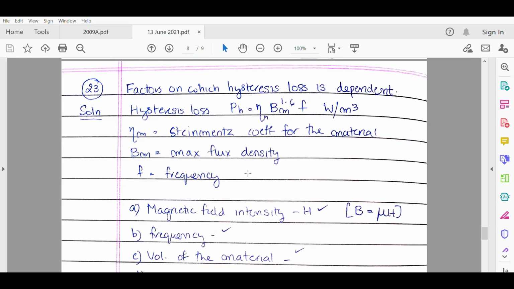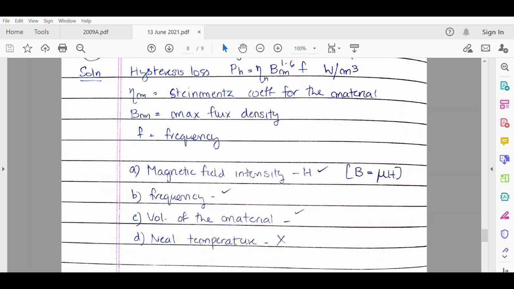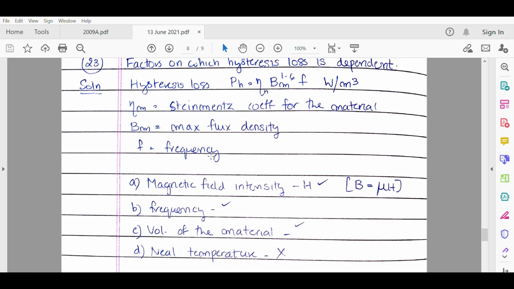Now if we were to see the options given in the question, the option A is the magnetic field intensity. So we can see the magnetic field intensity is nothing but H, and B and H are related as B equal to mu into H. So this magnetic field intensity has an influence on the hysteresis loss through the maximum flux density.